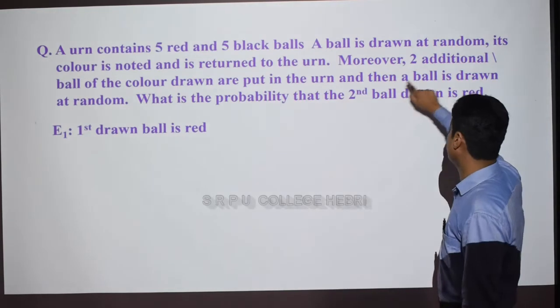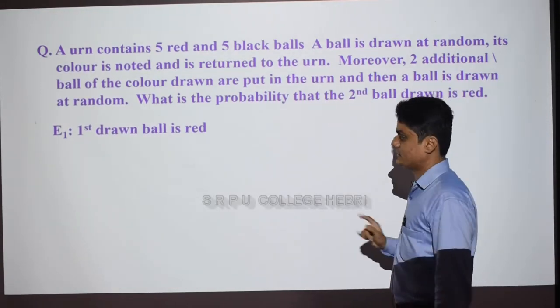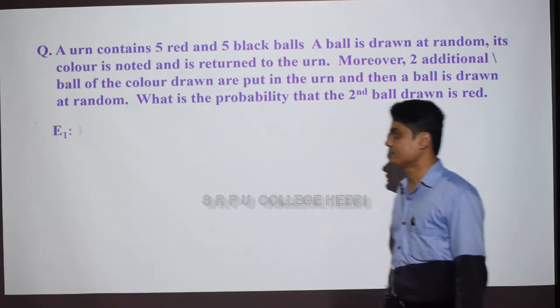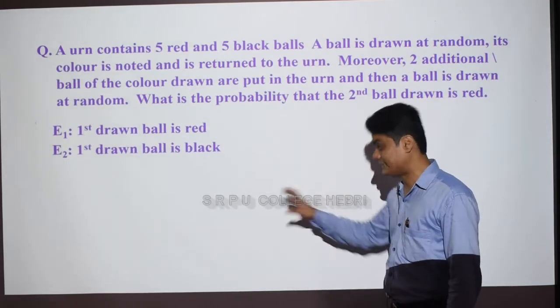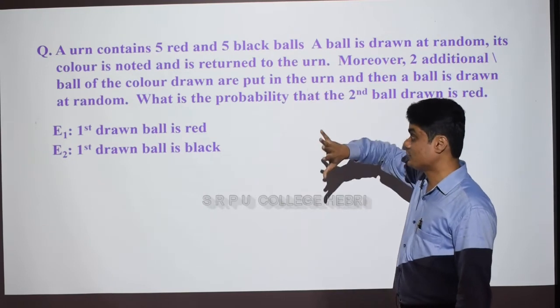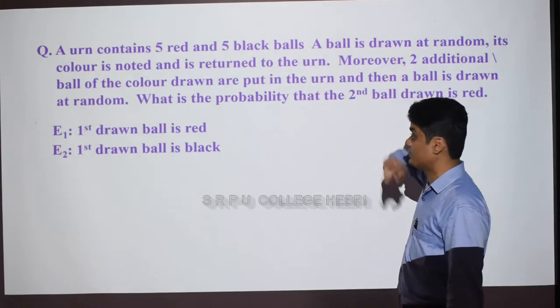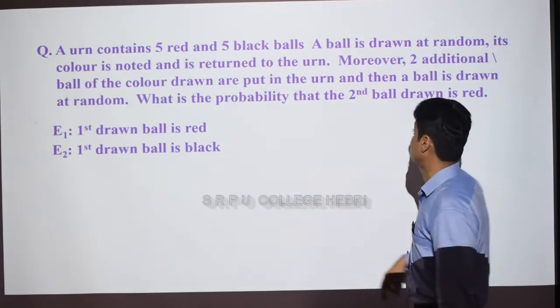Then we have to find the probability that the second ball drawn is red. So let E1 be the event that the first ball is red, and E2 the event that the first selected ball is black. So, in a box there are 5 red and 5 black balls. One ball is selected at random and we note its color. After that we put that ball back into the box.